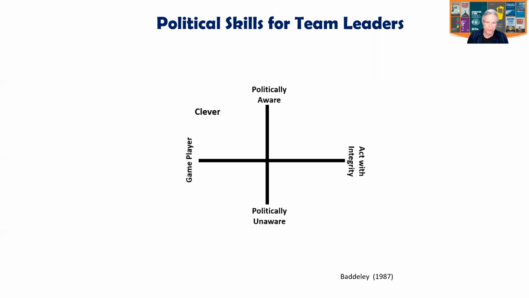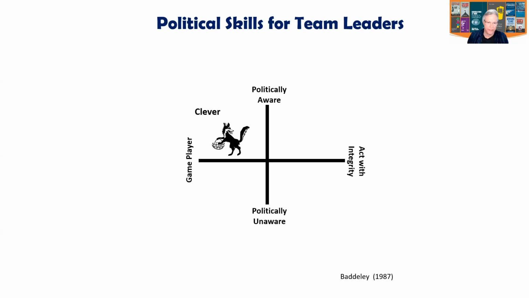The very first quadrant to look at, for example, is those people who are game players who are politically aware. Now, these people we might classify as foxes. So we know that foxes exist in the workplace, whether it's remote or in the office.